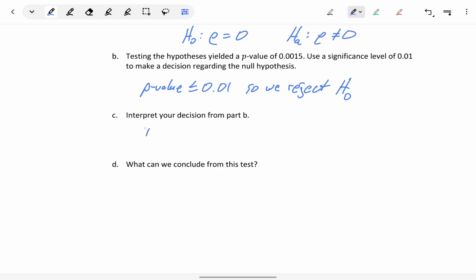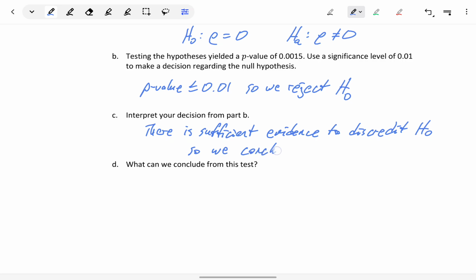That means there is sufficient evidence to discredit the null hypothesis.